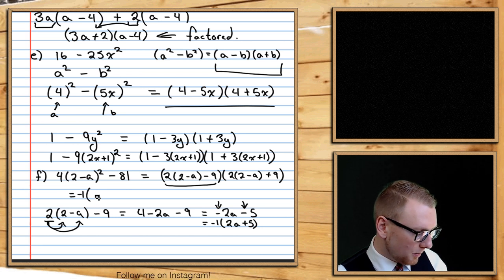So I'm going to write it out. Minus 1, 2a plus 5. And now what's the second one going to be?